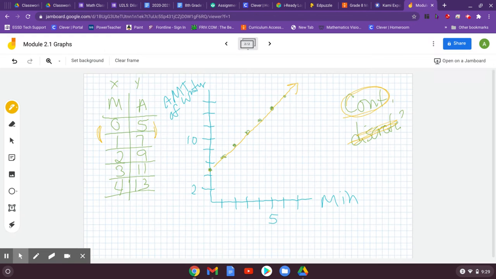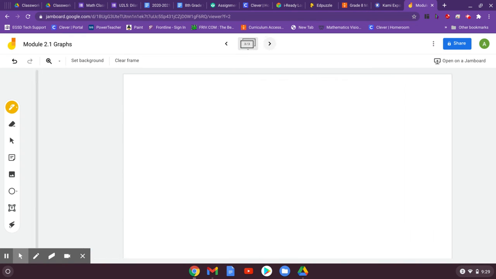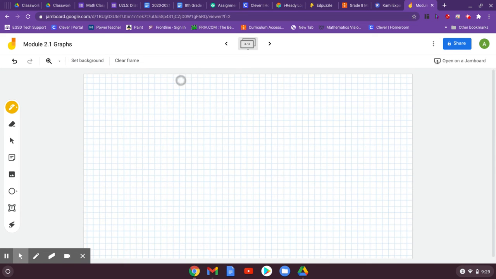All right, let's go graph this one. Next page. We have our table that I don't remember all of my numbers for. Let's see if we can do this.